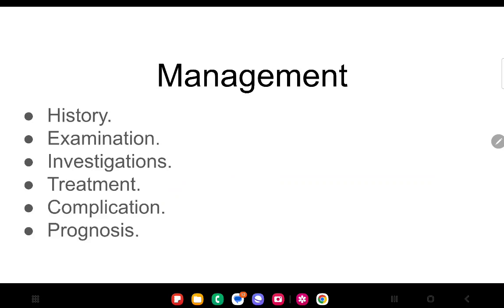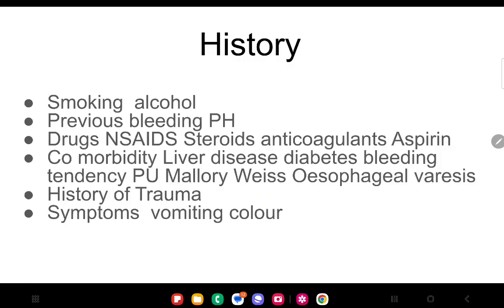After that you start your treatment, and then you have to be careful about the complications and the prognosis of this condition.